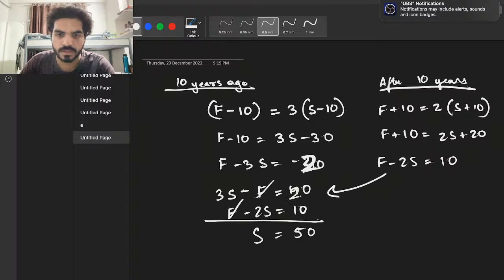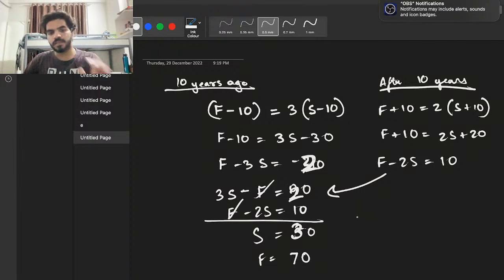So this has to be 30. S will be 30 and F will be 70. Yeah, F will be 70. That was a calculation error.